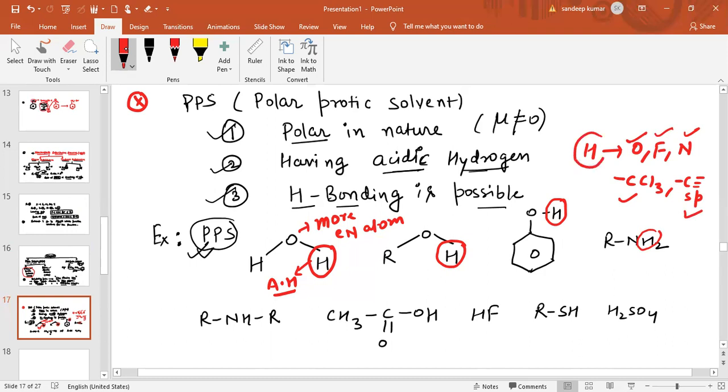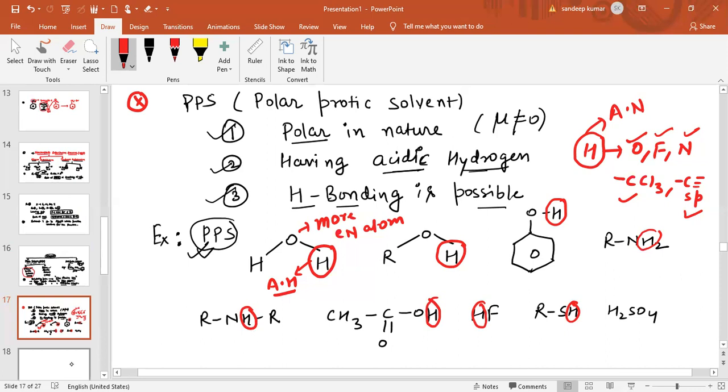So this hydrogen is highly acidic in nature. Please remember this. In all cases, we can see hydrogen with oxygen, hydrogen with nitrogen, hydrogen with fluorine, hydrogen with sulfur, and hydrogen with oxygen. So these are all polar protic solvents.